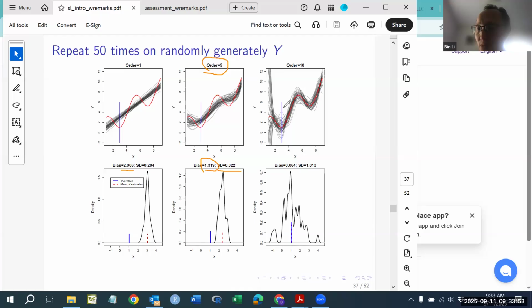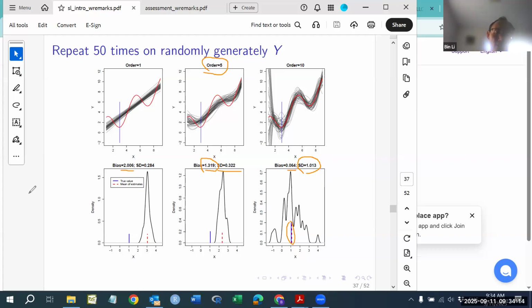With the 10th order, among these 50 models, you can see the bias is almost 0. But the standard deviation is very high, 1 point something. That's the biggest.